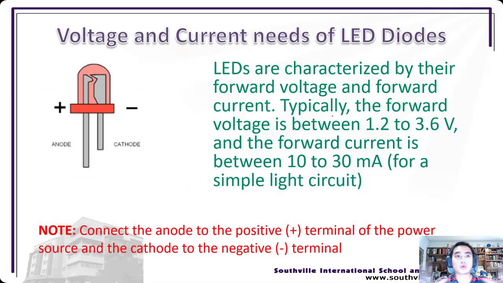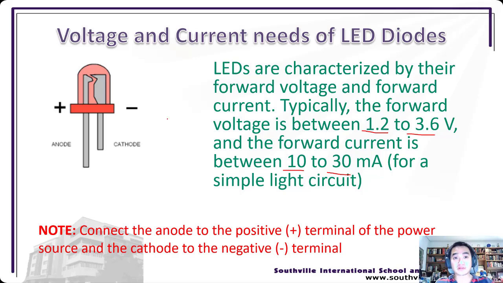Okay, now we're going to actually talk about LEDs because we're going to use this in our first circuit. So we're going to have this LED here. I'm just going to talk about a few things. For those small LEDs we have, the voltage it can handle is 1.2 to 3.6 volts, and the current it can handle is between 10 to 30 milliamperes.